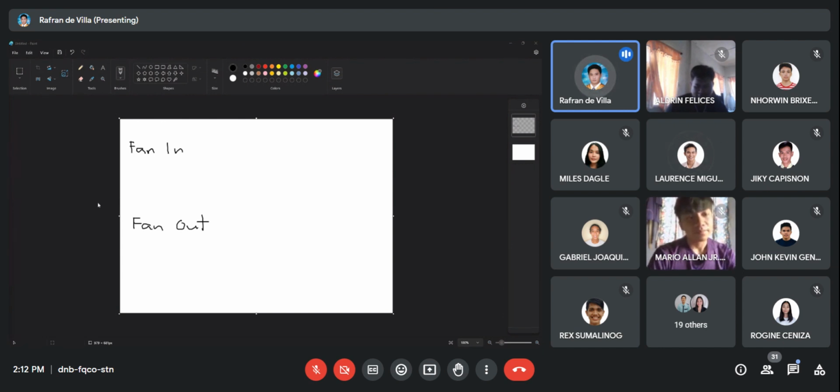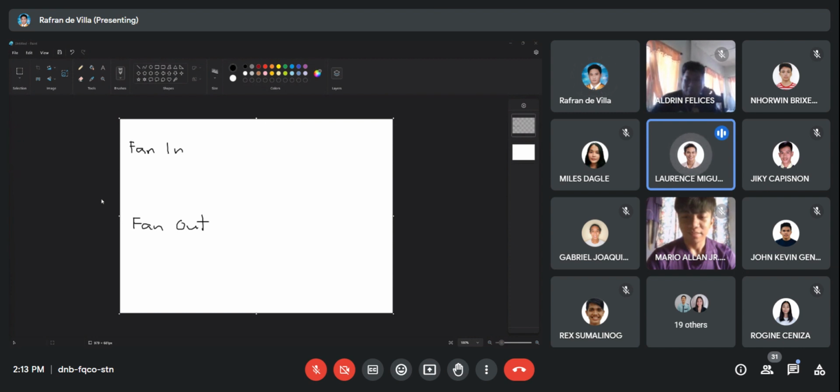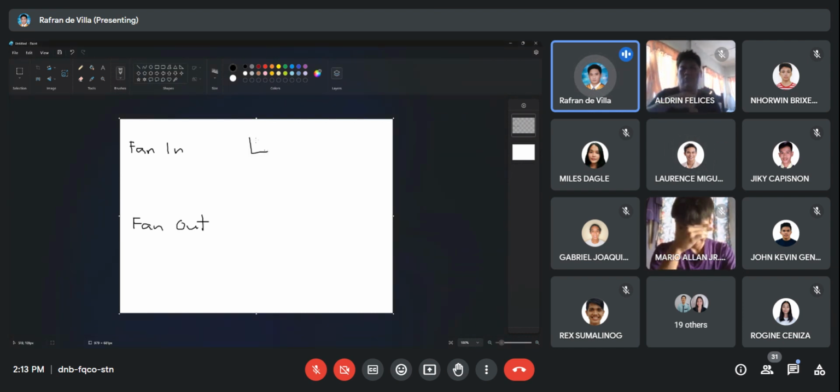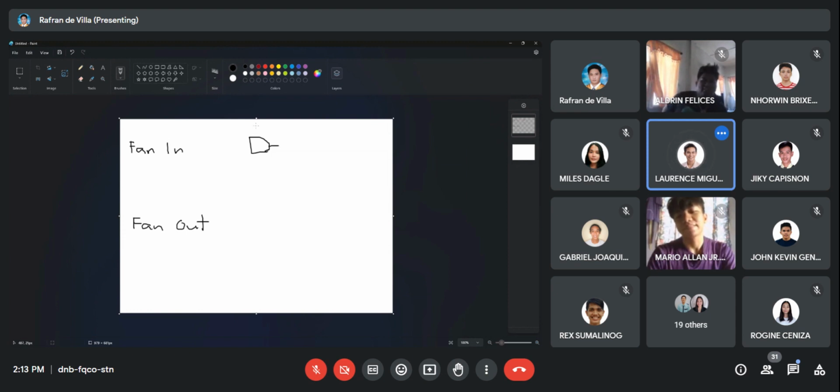Okay. So, sa fan-in, the number of inputs that is connected in a gate. Okay. So, given that, let's say, for example, you're using a 7408, pila may fan-in niya, guys? Duha sir. Okay.